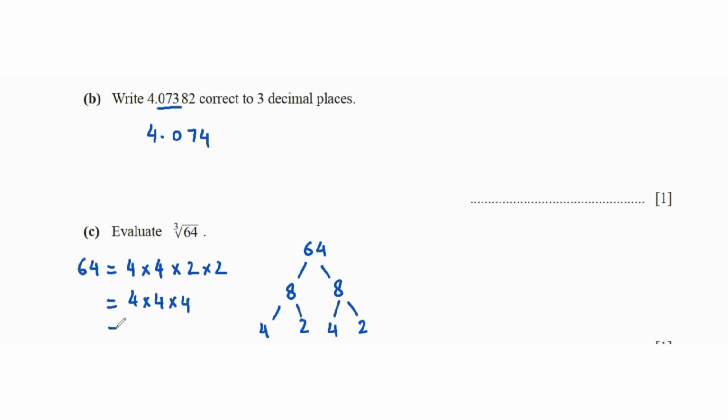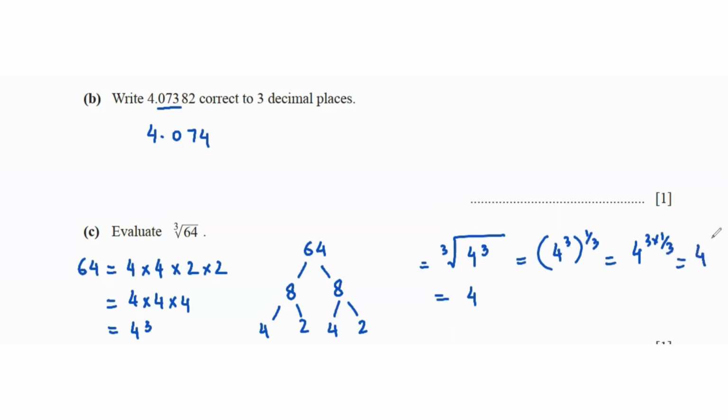So 64 is 4 cubed. So if we take the cube root of 4 cubed, that's going to be 4. Because basically what we do is we multiply 3 with 1 over 3, and that's going to equal 4 to the power of 1, which is 4.